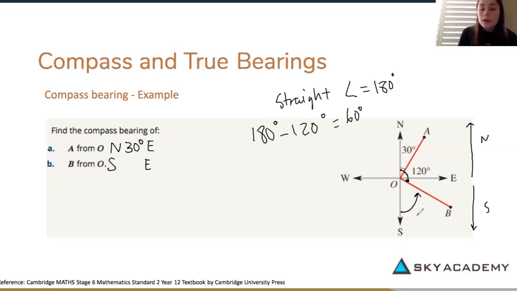So from B, from south, is going to be 60 degrees. And so when I'm standing at point B, I am 60 degrees east from south. So that's how we do compass bearings, some examples of compass bearings.